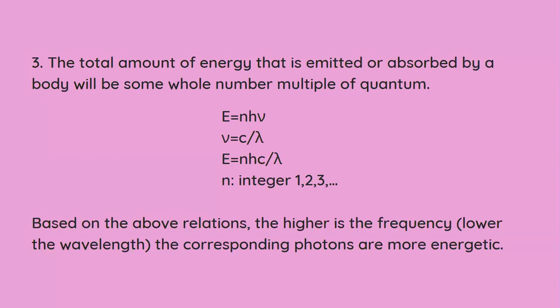The third postulate is that the total amount of energy that is emitted or absorbed will be a whole number multiple of the quantum. So the total energy is always going to be a whole number multiple of the quantum. So E is equal to n h nu.